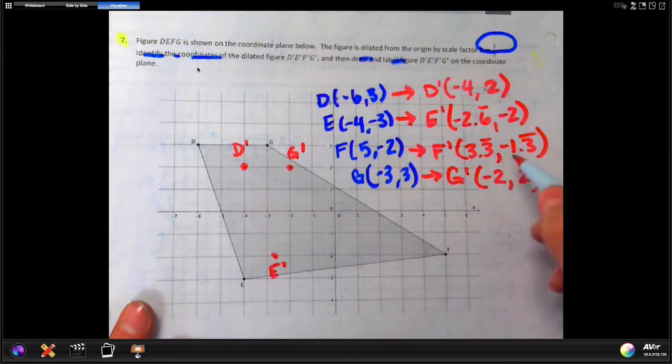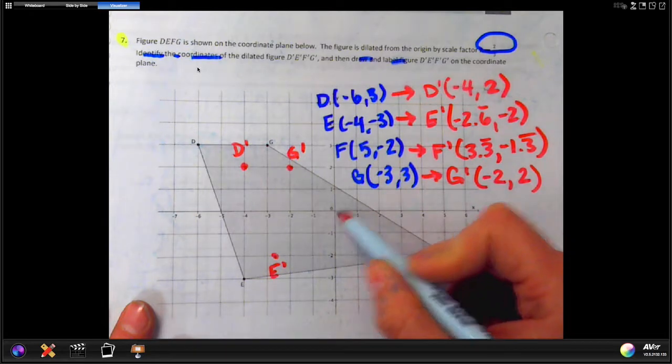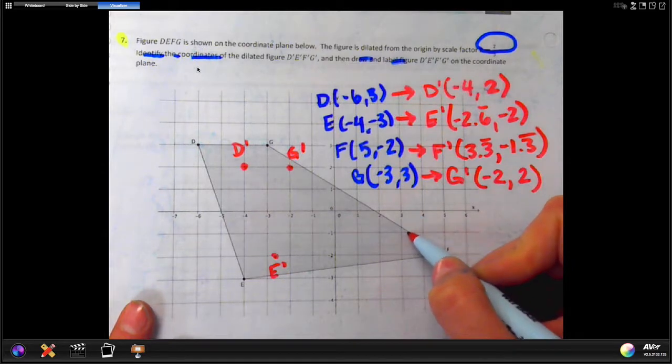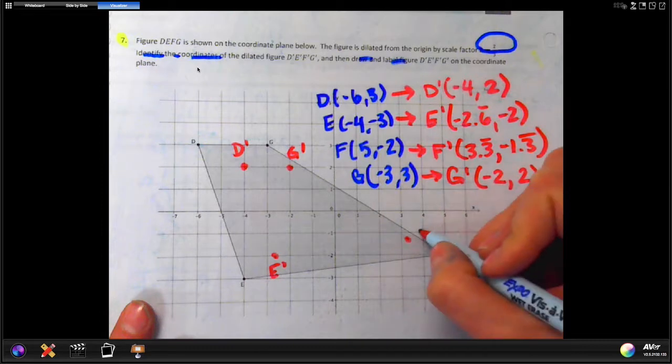And the one that lands on no line at all is our F prime, 3.3 repeating. If we go over 1, 2, 3, and not quite halfway here, and then down 1.3, we're estimating again. It should end up kind of in that top third, but not touching any of the lines because they're both decimals.